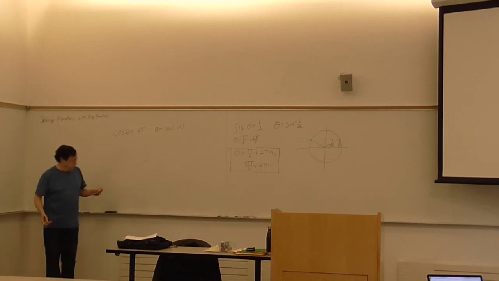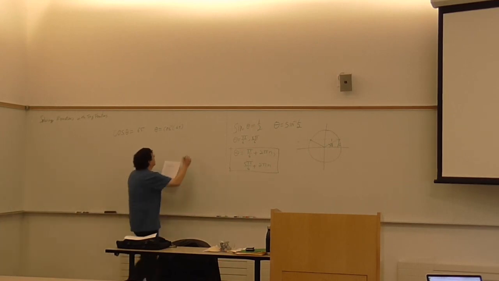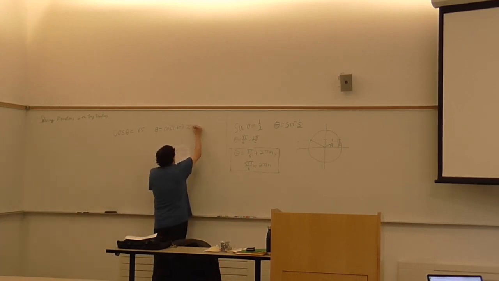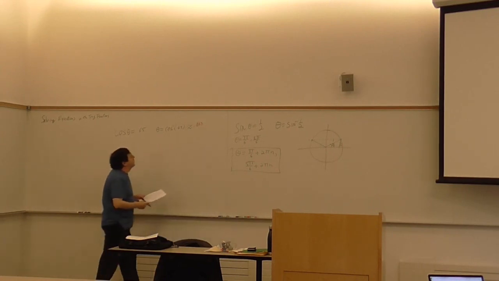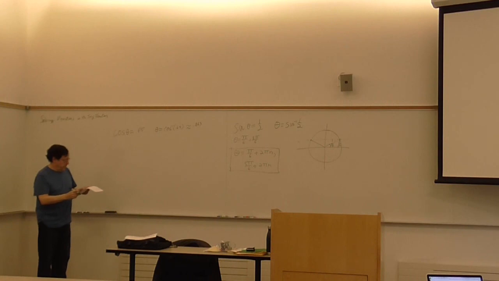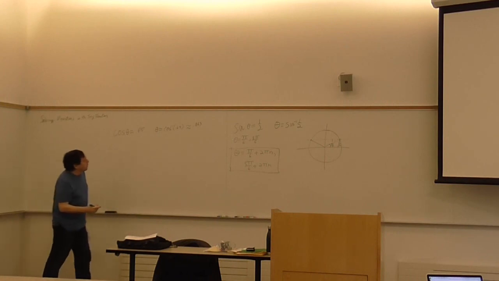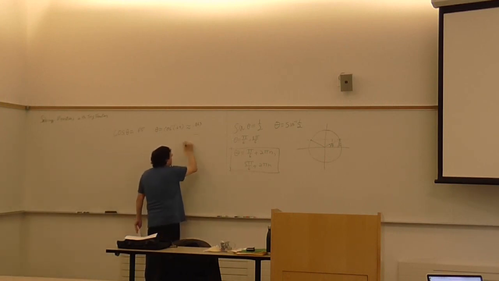Theta is radians. Okay, so we can use our calculator here. We can find that this is approximately 0.863. But again, we're going to find that there are two solutions in the first 2 pi.